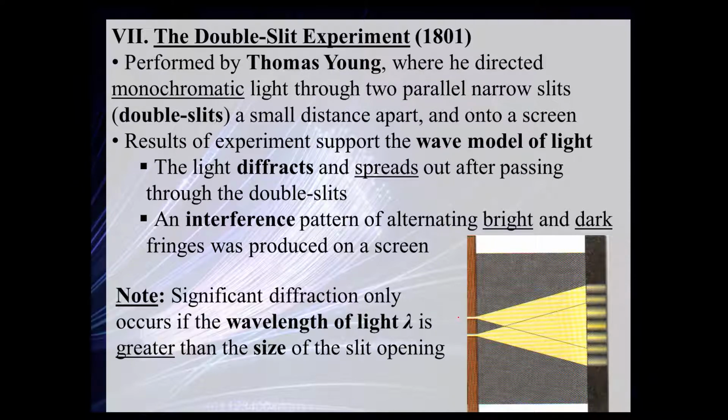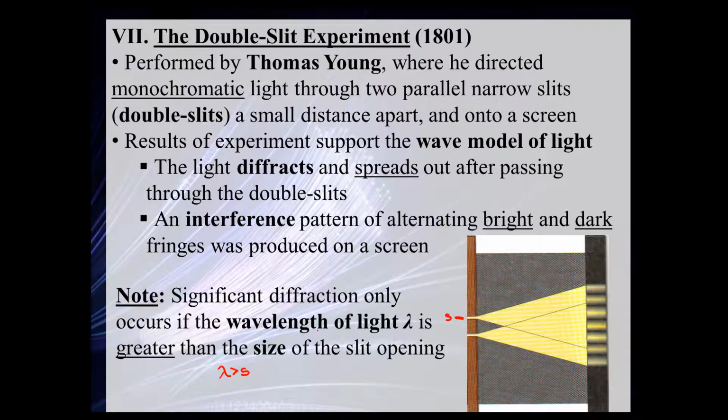It's really hard to show the dimension for the size of the slit opening because it's so tiny. It'd be just this little tiny distance here. So let's say S for the size of the slit. As long as the wavelength of light is greater than the size of the slit, then we do get very, very pronounced diffraction. The light does spread apart quite a bit.